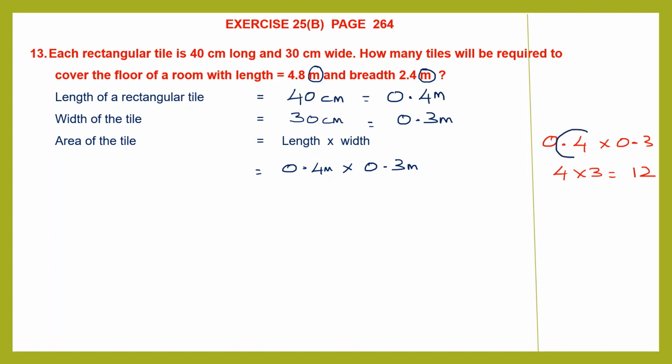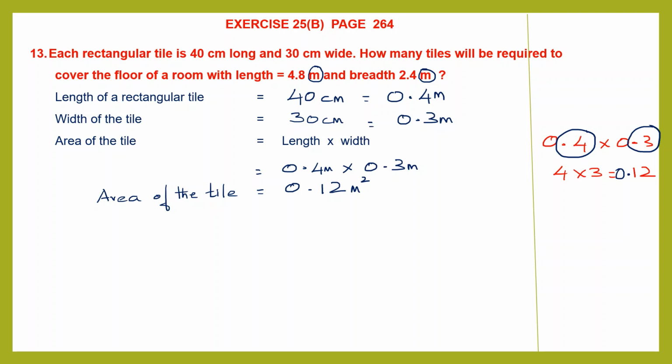Here there is one decimal place and here also there's one decimal place, so 1 plus 1, 2 decimal places. That means in our answer also there should be 2 decimal places. So my point comes here, 0.12. So the area of the tile is 0.12 meters square.